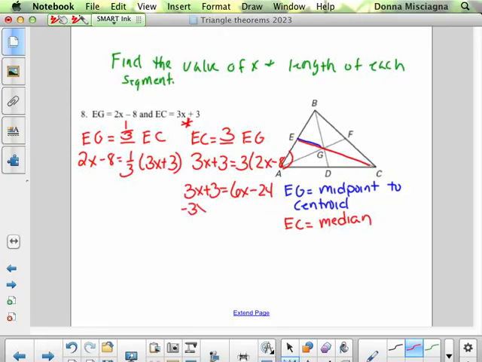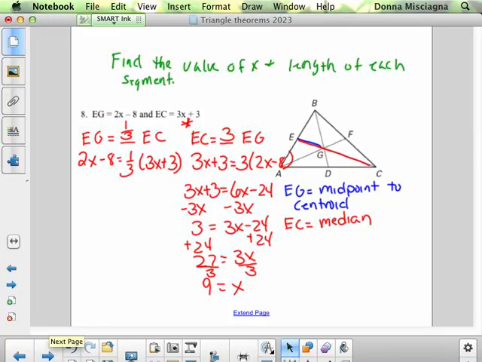So subtract 3x, so 3 is equal to 3x minus 24, add 24, so 27 is 3x, and divide by 3, and x is 9.